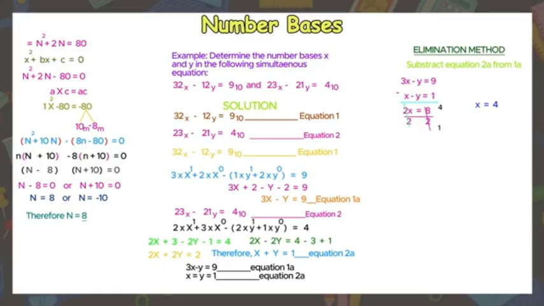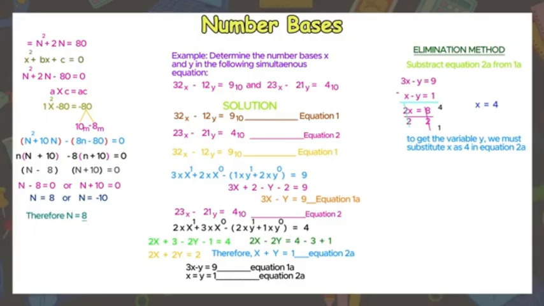So to get variable y, we substitute x as 4 in any of the two equations, either equation 1 or equation 1a or equation 2a. Let's use equation 2a.